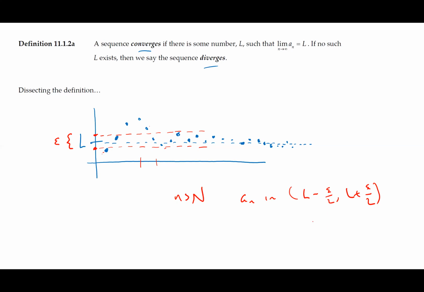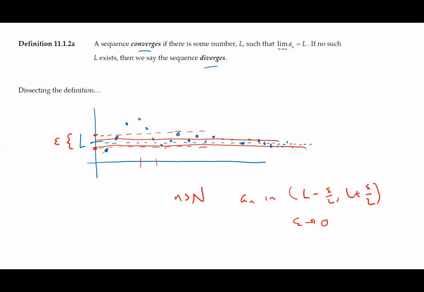And then if you let epsilon go to 0, you just start squishing. And again, I can draw any number of red lines on here, and eventually the terms of the sequence will sit inside that epsilon band. Okay, that's the idea of convergence.